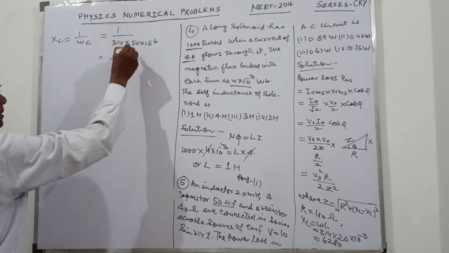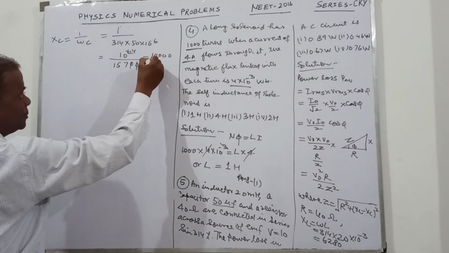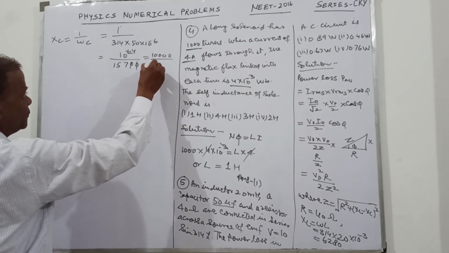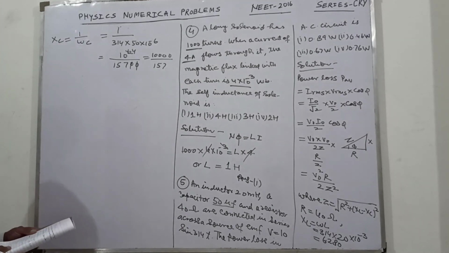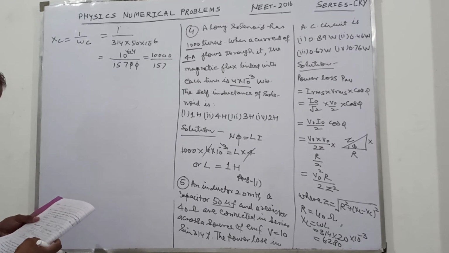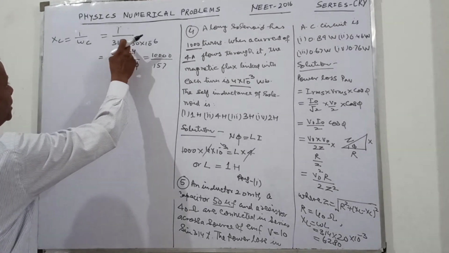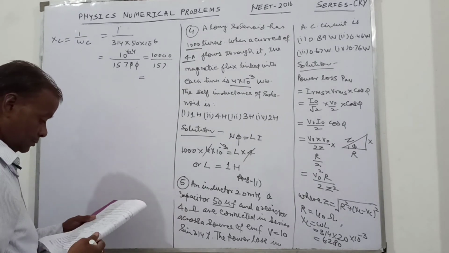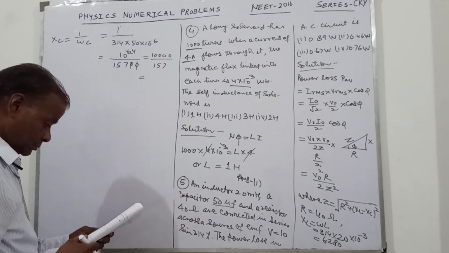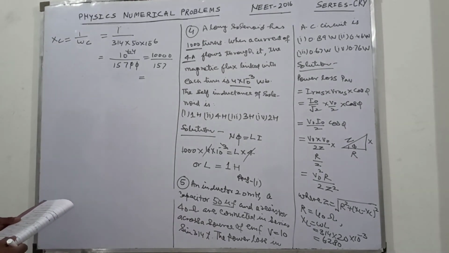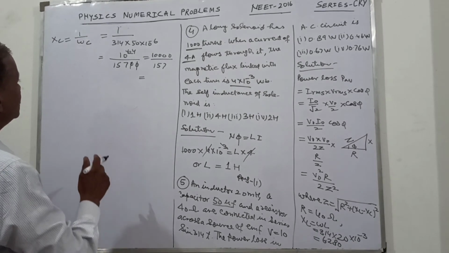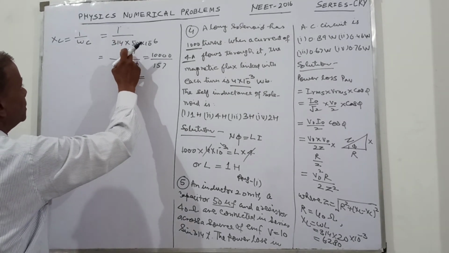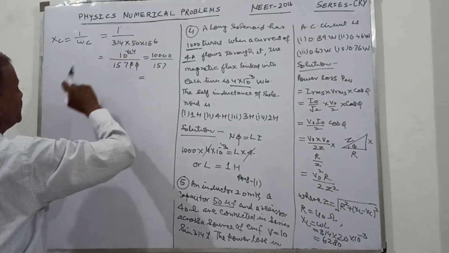Now these two zeros will be cancelled, so this is 10,000 upon 157.